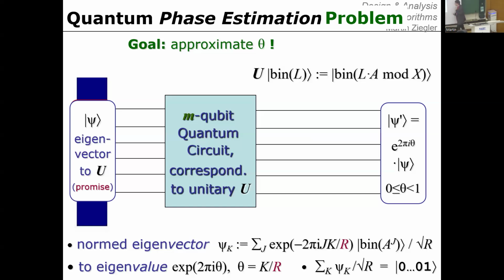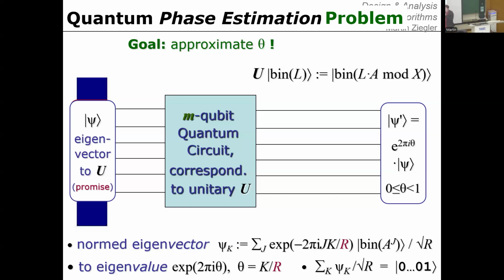We only prepare this one. And then perform a measurement which will result in collapsing to some such fraction. We don't know which numerator it will collapse to. We don't know which eigenvector it will collapse to. But the denominator is what we're interested in anyway.